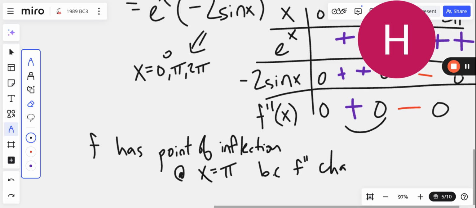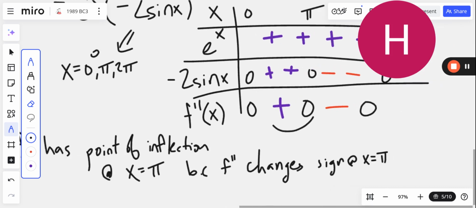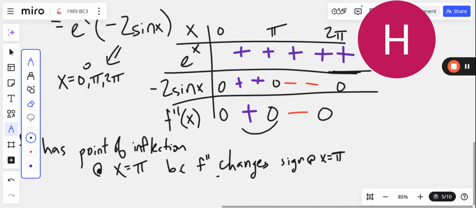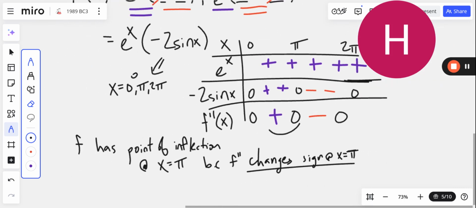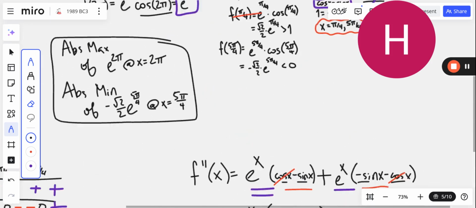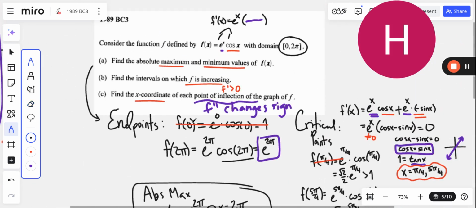Whoops, I went back too many steps. Changes sign at x equals pi. Doesn't matter if it goes positive to negative or negative to positive. It just matters that it changes sign. That's your justification.